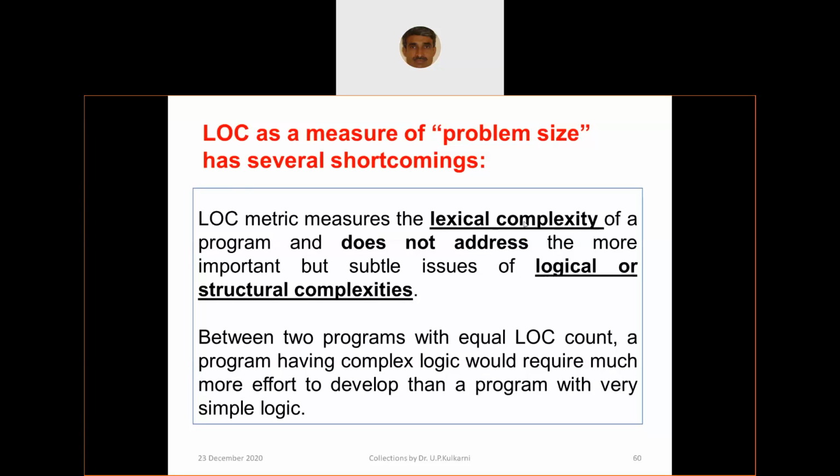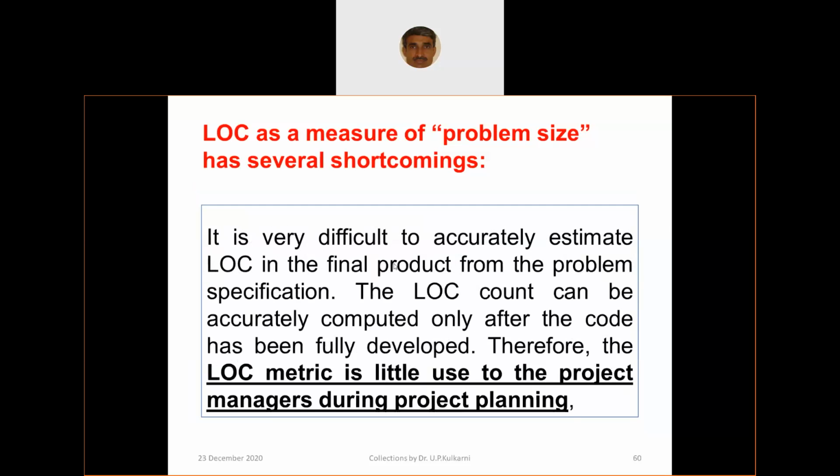But to develop that equation among the different parameters, you might have spent a month together. That expression may be the outcome of some research. In that case, the complexity involved in that expression might not have been looked into. So lines of code doesn't take into account the logic, structural complexity or semantic complexity. It takes lexical complexity, not the semantic complexity. Please remember all these things. Go through the book.